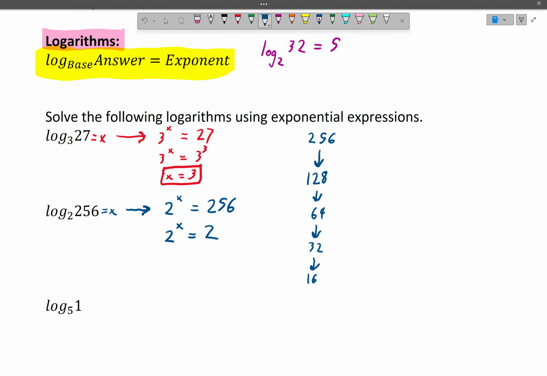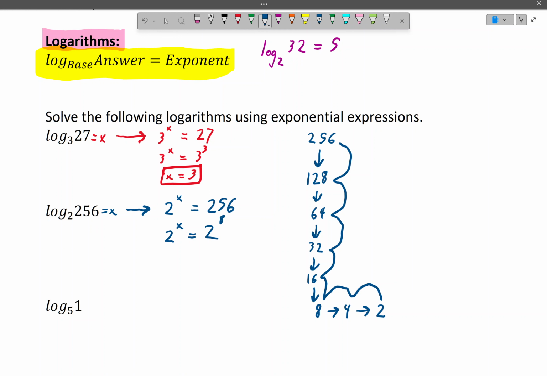You can kind of stop in either place. If you start with the number 2 here, you can go that's 1, 2, 3, 4, 5, 6, 7, 8. So this is 2 to the 8.